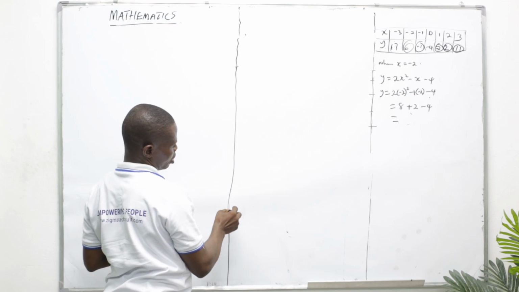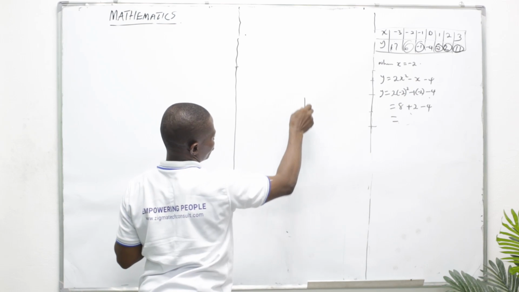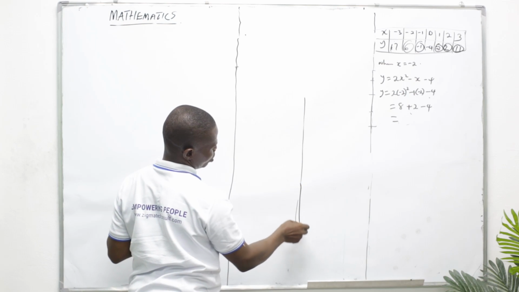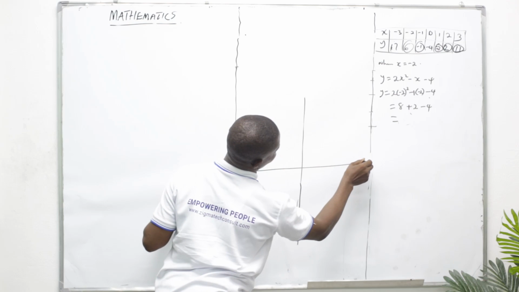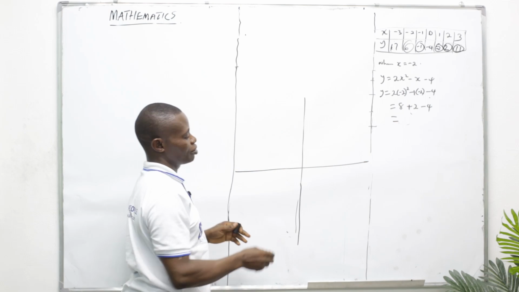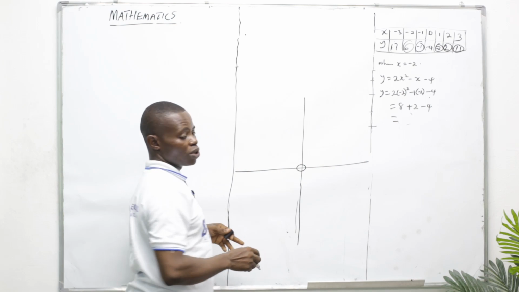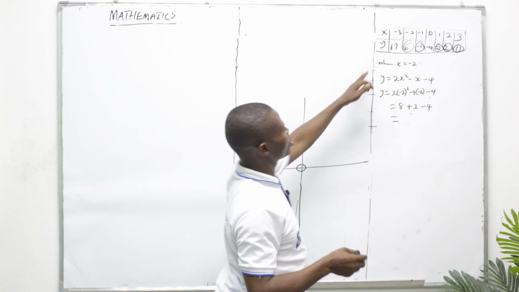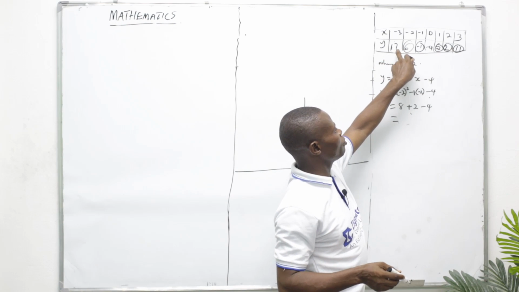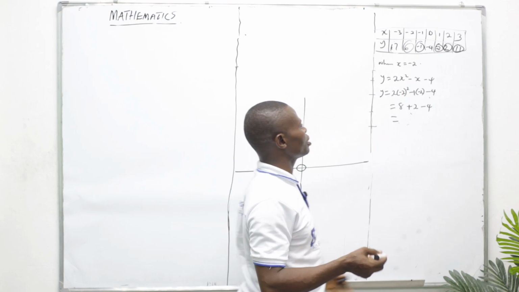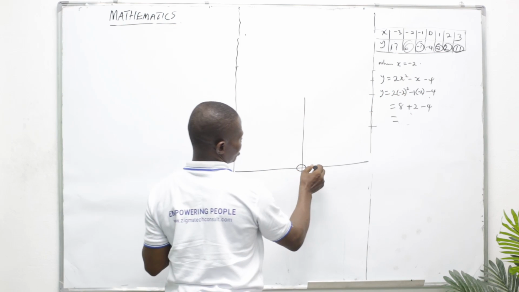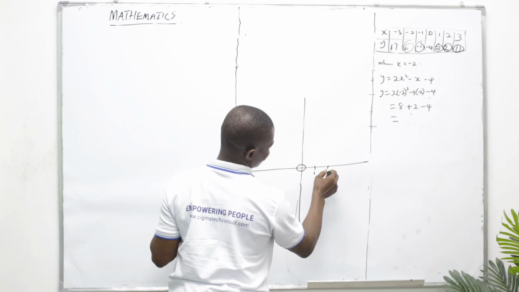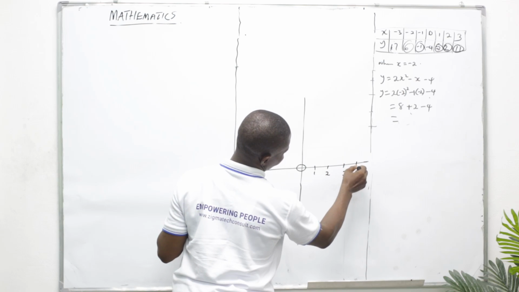Let's assume this is your graph. It's this way because it's a quadratic graph. It's not an ogive. That must be the origin always. 2 cm to 1 unit. You consider the highest value of y is 17. x is 3. You don't even have a problem on the x-axis. 2 cm to 1 unit. 1, 2, 3, 4.